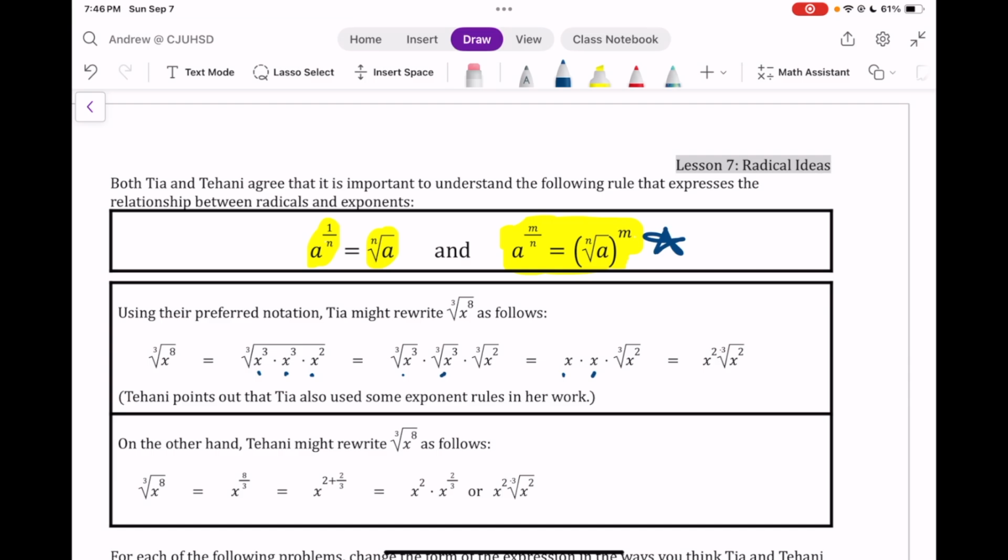So she's taken out 2 whole factors of x. And she has 2 left inside. So basically, the cube root means that we can pull things out in groups of 3. And Tehani points out that Tia also used some exponent rules in their work.